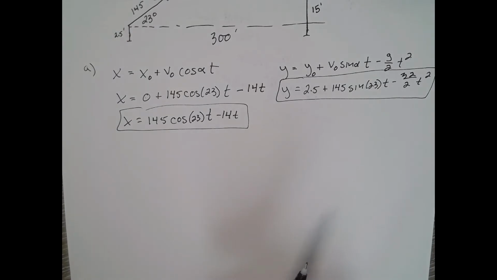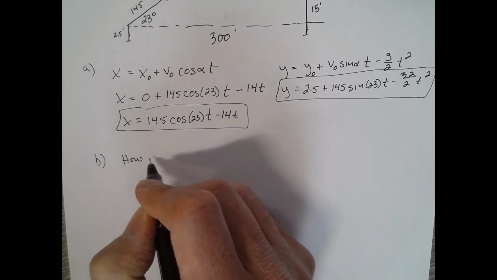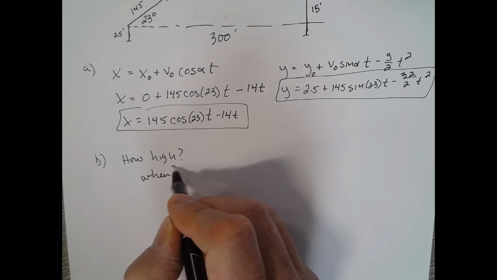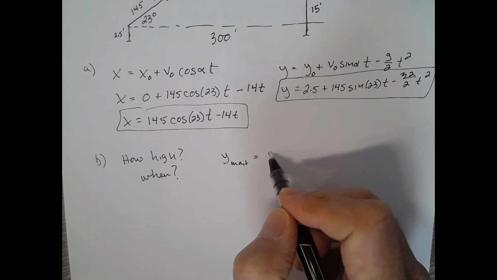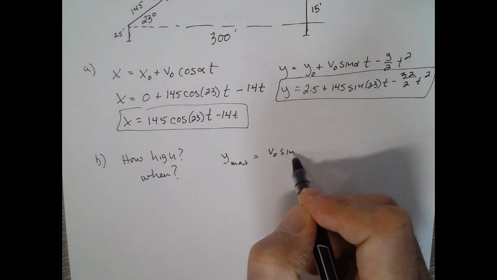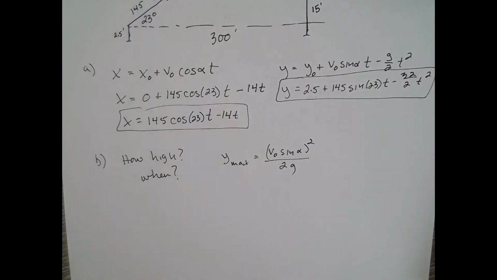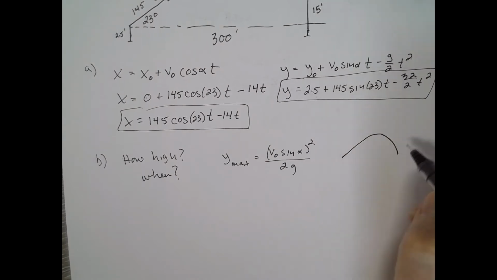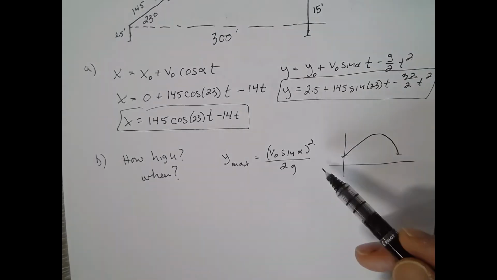B, how high does the baseball go and when does it reach maximum height? So we have a formula, how high and when. Our Y max is equal to V sub 0 sine alpha squared over 2g, but that's for ideal projectile motion, starting from 2.5 feet off the ground. So that is actually helpful.